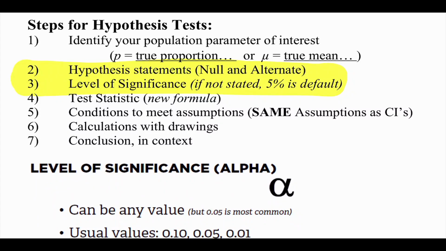These are the new steps that we're going to add. Everything else you've done. It's a new formula we're going to use today, but we've done that before, right? So we have to give our hypothesis statements. What is the null? What is the alternative? And then we have to state what's called the significance level.